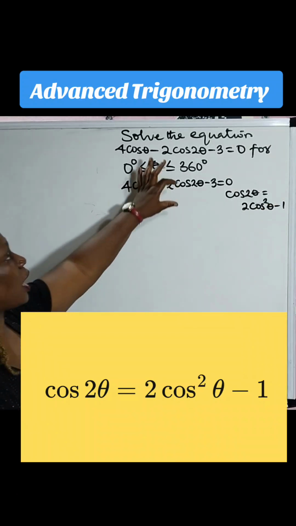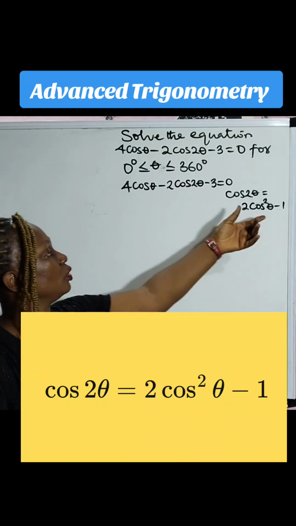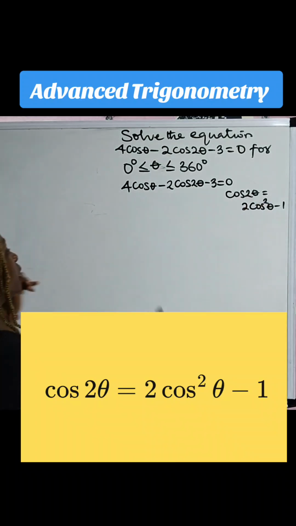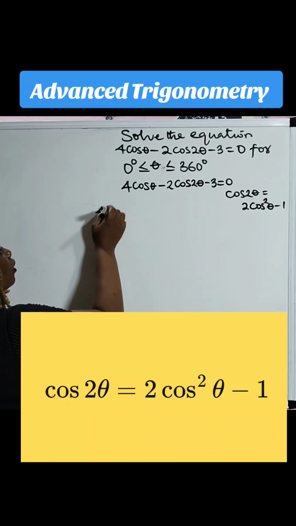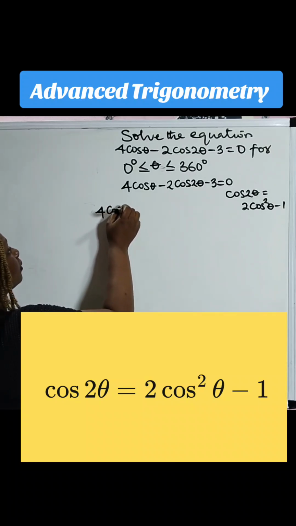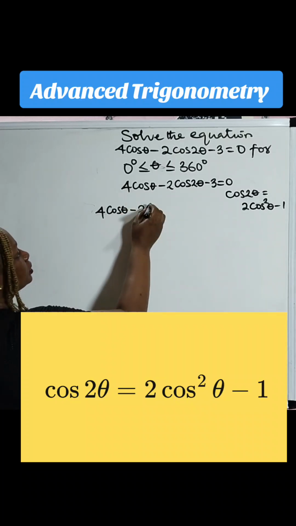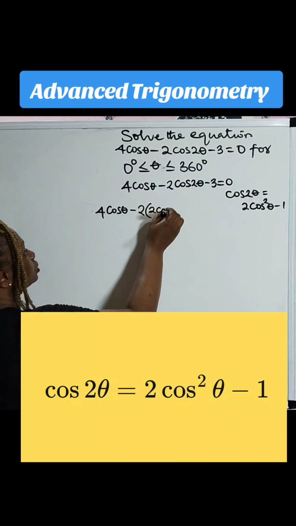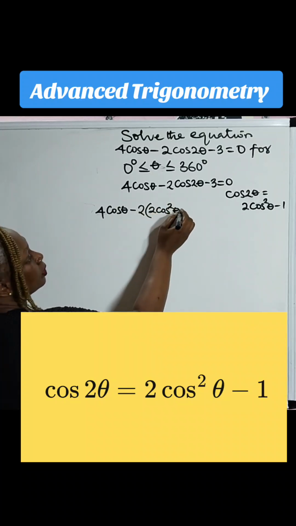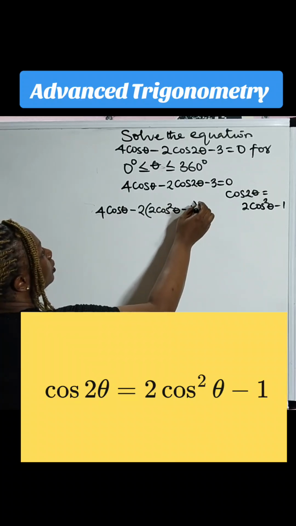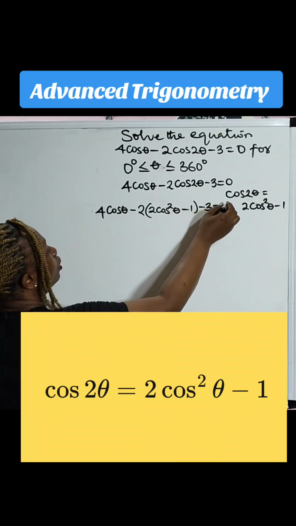Okay, so I'm going to rewrite this with this. So we have 4 cos theta, okay, minus 2 brackets 2 cos square theta minus 1, minus 3 equal to 0.